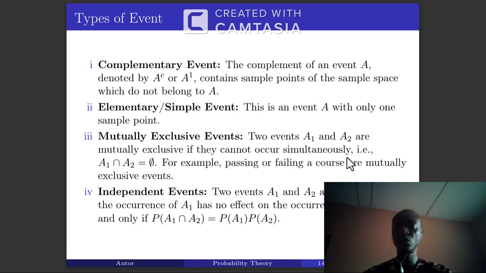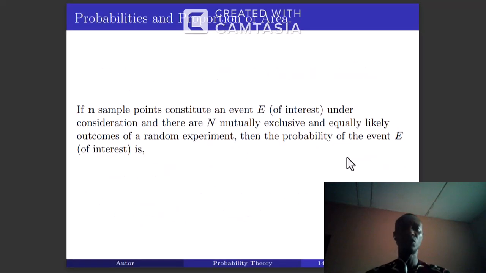Events A1 and A2 are independent if the occurrence of A1 has no effect on the occurrence of A2, or if and only if the probability of A1 intersection A2 equals the probability of A1 multiplied by the probability of A2. So let's look at probabilities and proportion of areas.